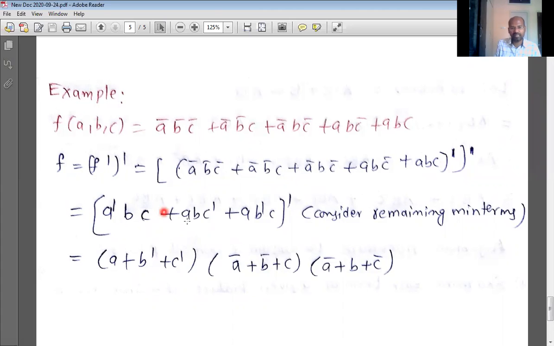What are those 3? These are the rest. Out of 8, these are the 5, and the remaining 3 are written here. This is nothing but the complement of this entire thing in the bracket. If you have any doubt, you can do it normally by using rules; you will still arrive at the same thing. We are not doing it according to the rules, but using a shortcut here.